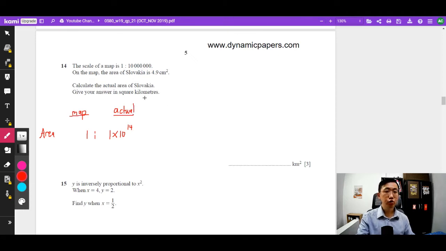Okay, then continue to read the question. What is given to you is a map. On the map, the area of Slovakia is 4.9 centimeters square. So you're going to lay out over here 4.9. Okay, so I am going to use this technique. The one that we want to find, which is the actual area over here, we label as X. So usually in maths, you just use X. Okay, so on your left hand side, you notice that you have double information.